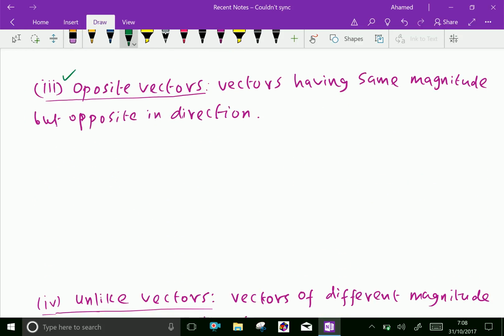Next, opposite vectors. Vectors having the same magnitude but opposite directions. Here one vector goes in this direction and another vector goes in this direction. Both vectors have different directions but the same magnitude. The quantity is the same but the direction is different.